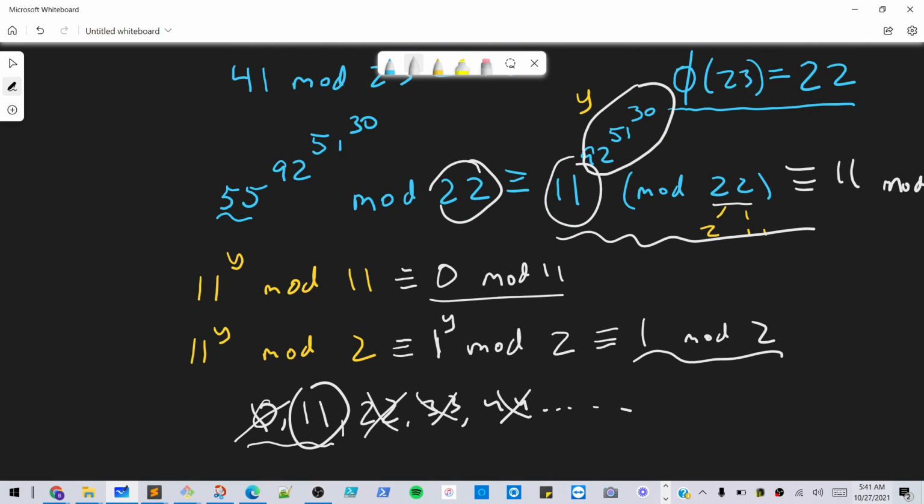We didn't actually need to calculate that exponent, because whatever it is, it's going to be 0 mod 11, and because it's going to be odd, it's going to be 1 mod 2. So we skip that whole part, and we just reduce this all the way to 11.